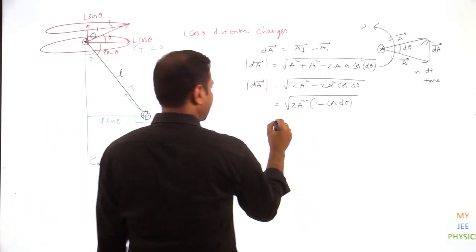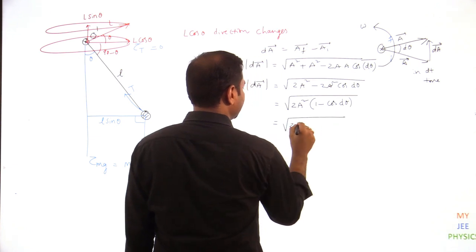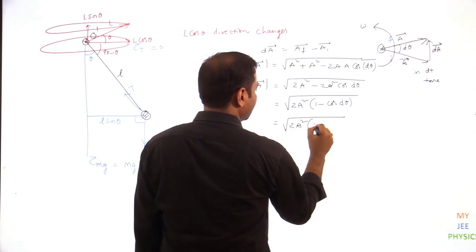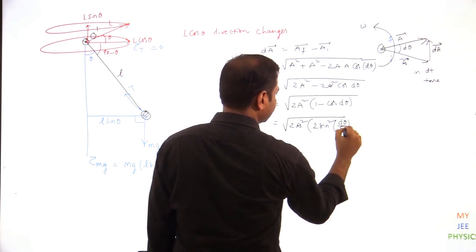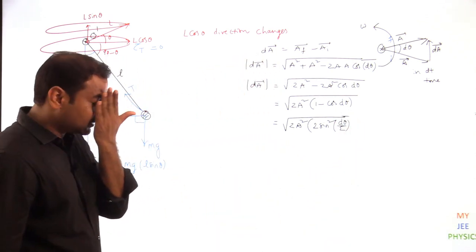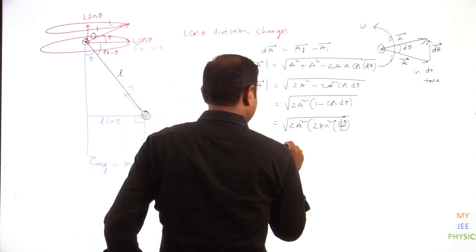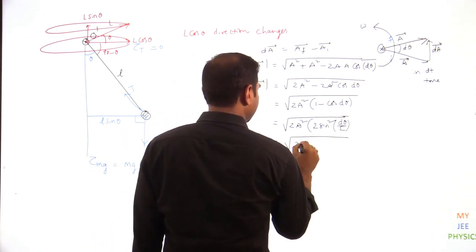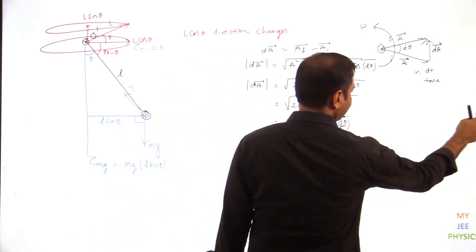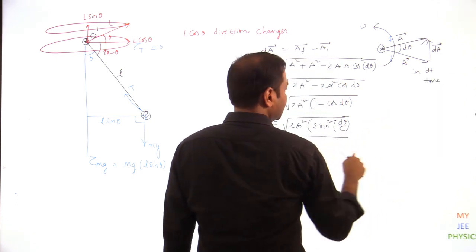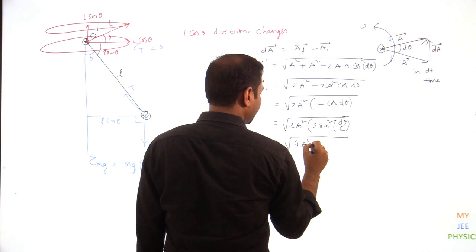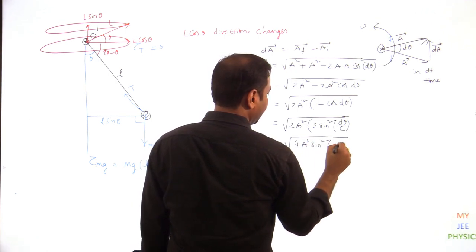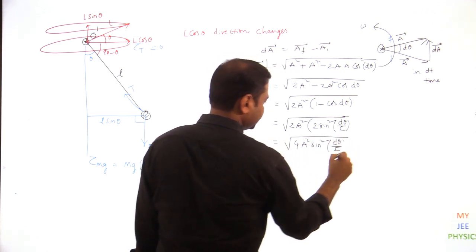Then I can write this as root of 2a square into 2 sin square d theta by 2. Right? So then I'll get root of 4a square sin square d theta by 2.